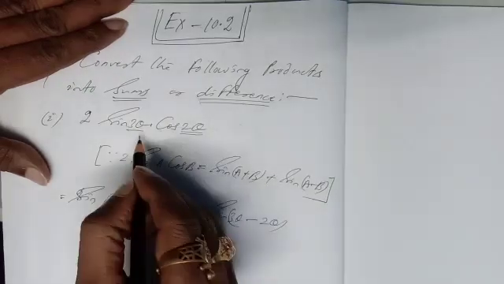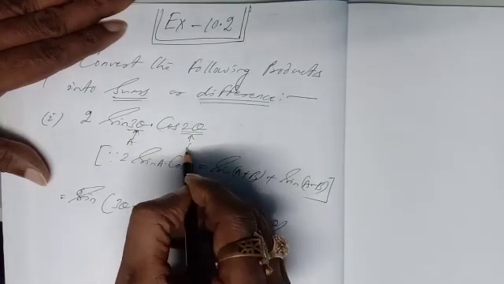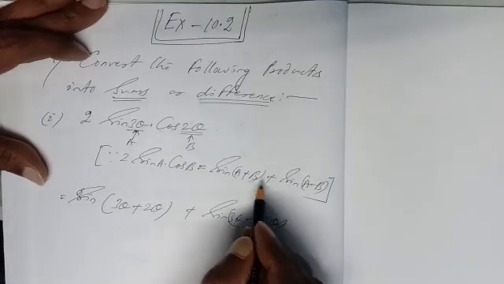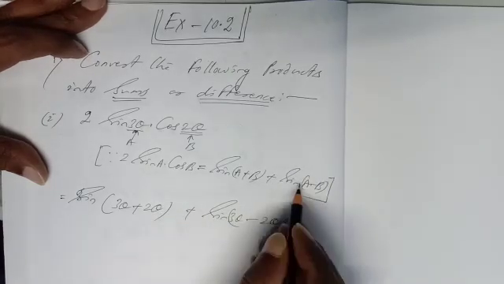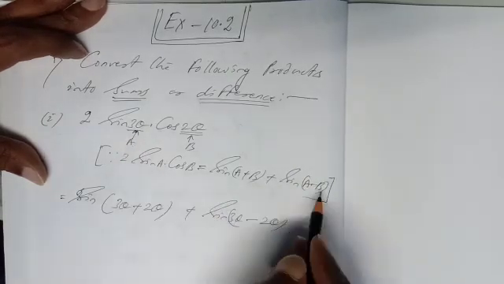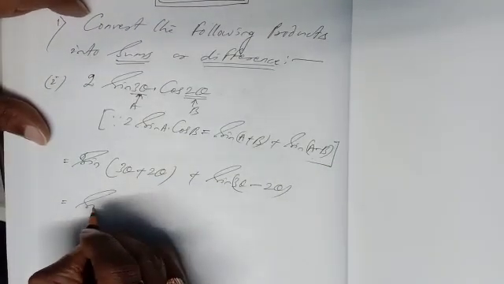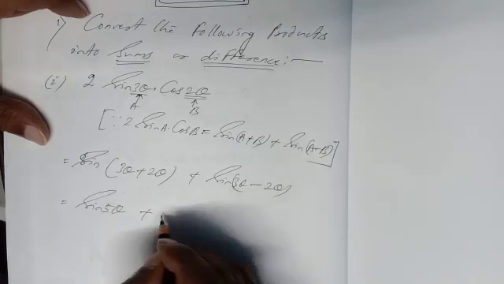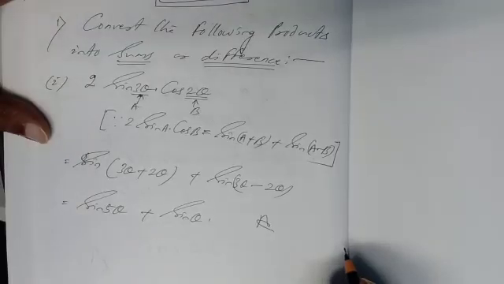You take 3 theta as A and 2 theta as B. 2 sin A cos B, the formula is sin A plus B, that means 3 theta plus 2 theta, plus sin A minus B. Finally, how much are we getting? That is sin 5 theta plus sin theta. This is the answer of number 1 first part.